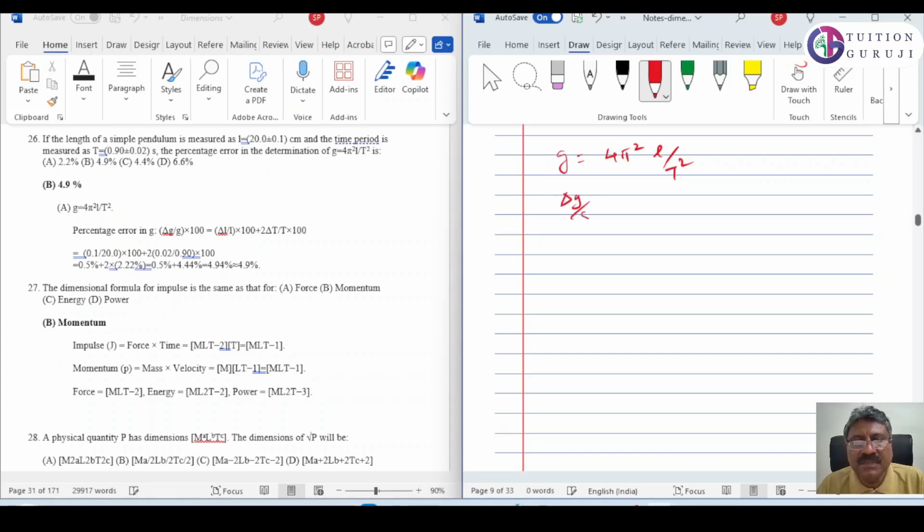So delta g by g into 100 is equal to delta L by L into 100 plus 2 into delta T by T into 100.